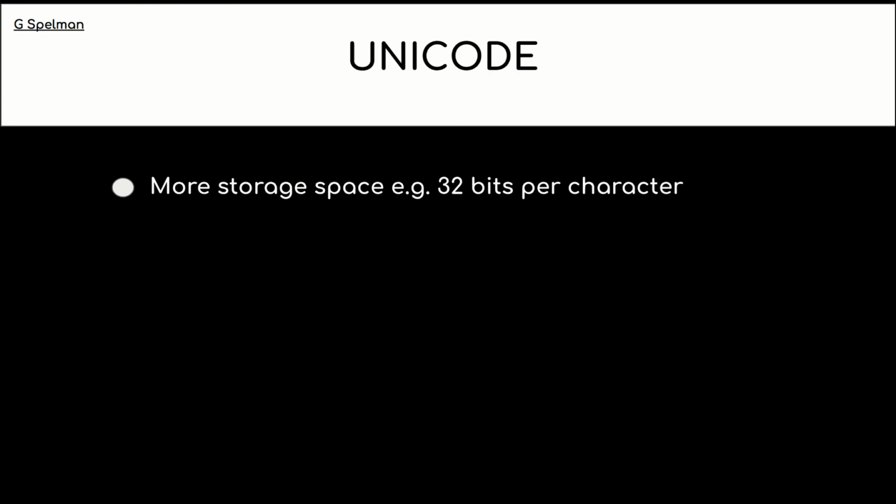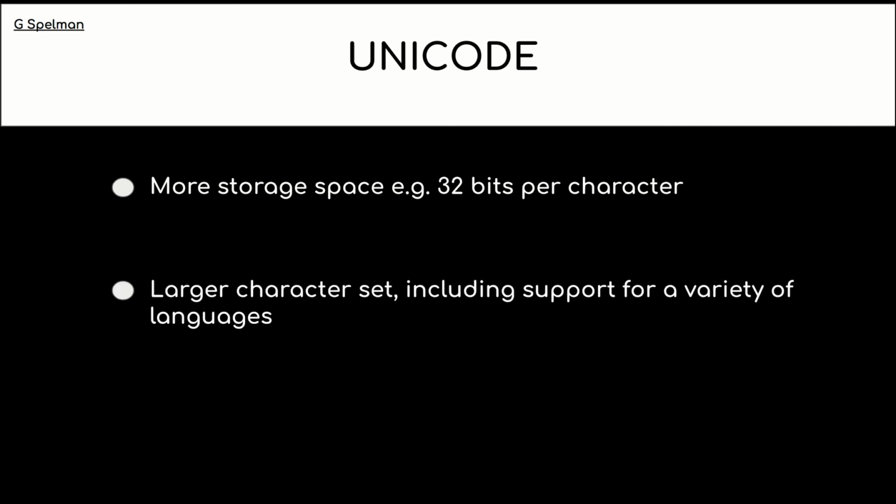Another character set is one called Unicode, and you're expected to know a small amount about Unicode in the exam too. So you need to know that Unicode has more storage space than ASCII. An example here is that some versions of Unicode have got 32 bits per character. So that's a lot more than 8, and therefore it can store a lot more.